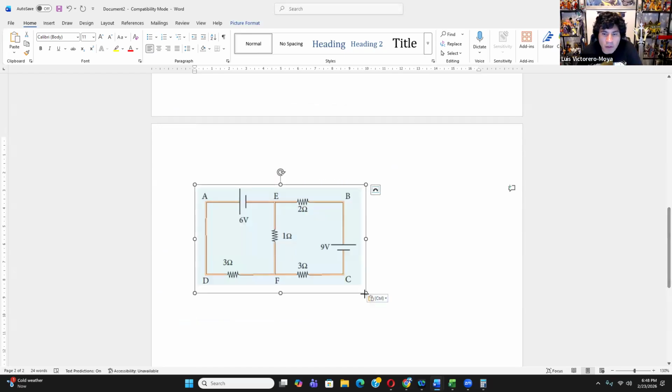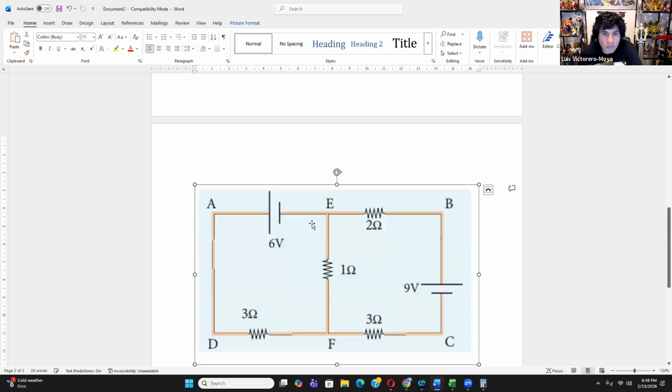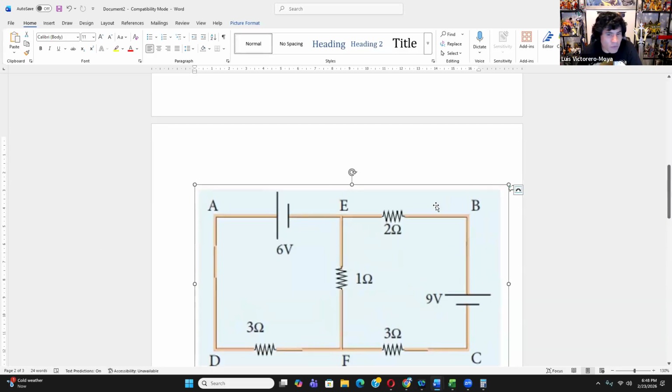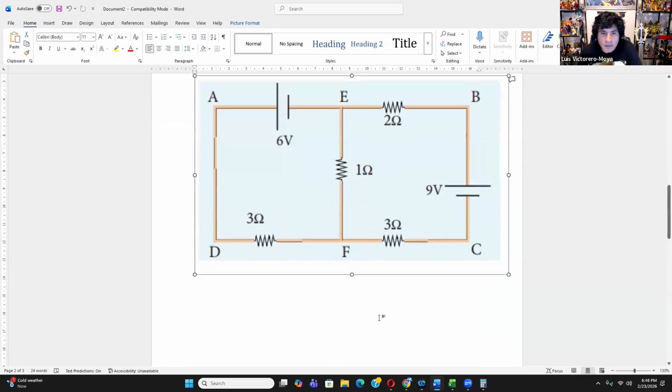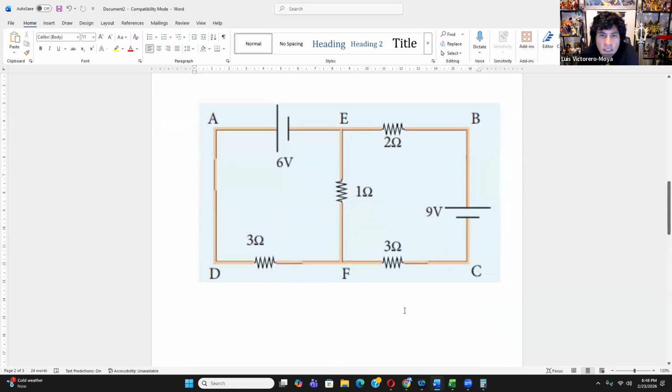Okay, so how will you do this problem? We have 10 minutes. You're going to find every current. Let's draw the currents here. Let's say you have a current like that. This is going to be I1.